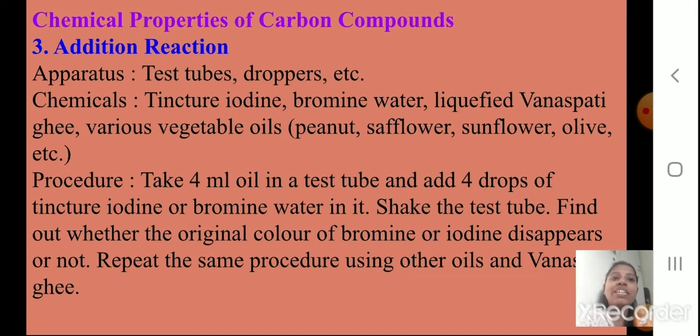In that we will take peanut, safflower, sunflower, olive, etc. Procedure: take 4 ml oil in a test tube and add 4 drops of tincture iodine or bromine water in it. Shake the test tube. Find out whether the original color of the bromine or iodine disappears or not. Repeat the same procedure using other oils and vanaspati ghee. So we are going to just see whether we are getting any color change.